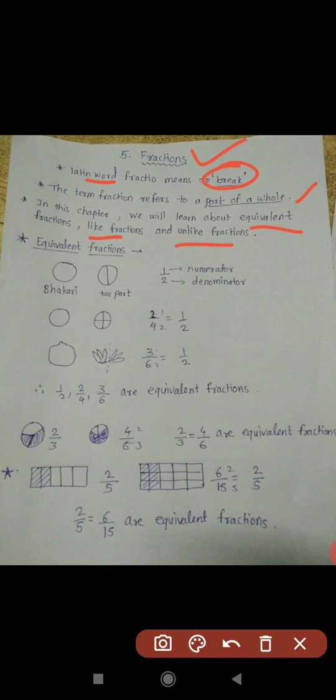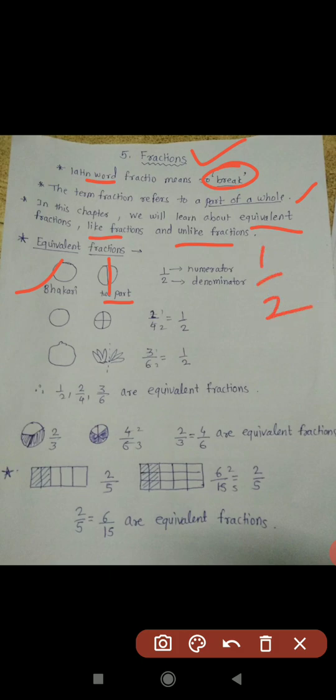Today we are going to learn about the equivalent fractions. So here, see, the first example I wrote here, one bhakri is there, or you can take pizza. If you are making two equal parts of that, then how do you write that into fractions here? 1 upon 2.